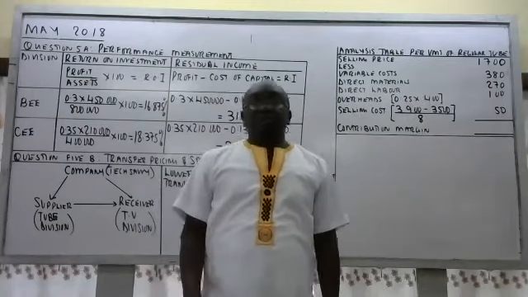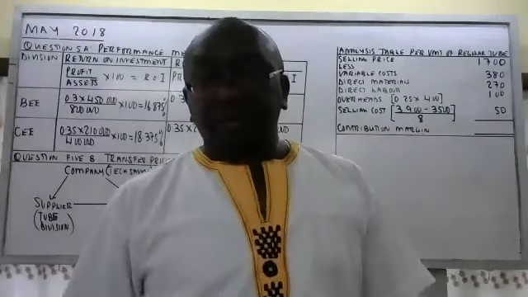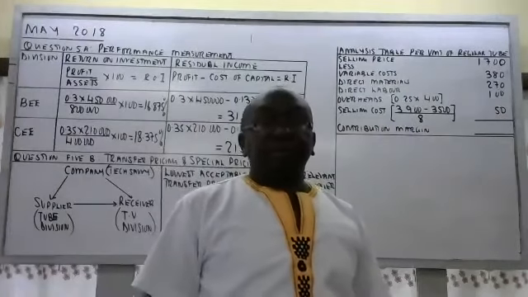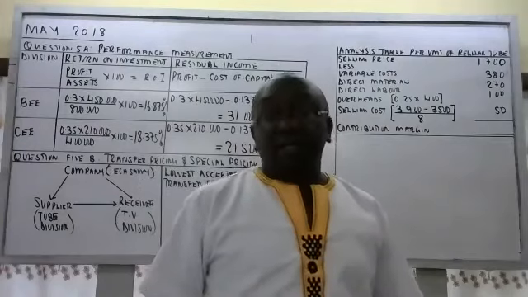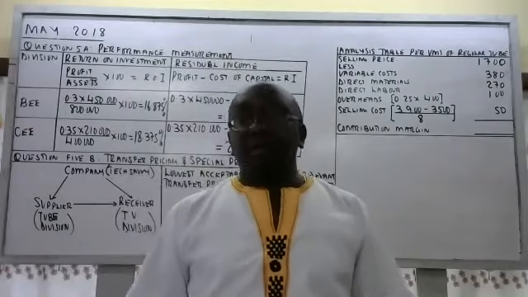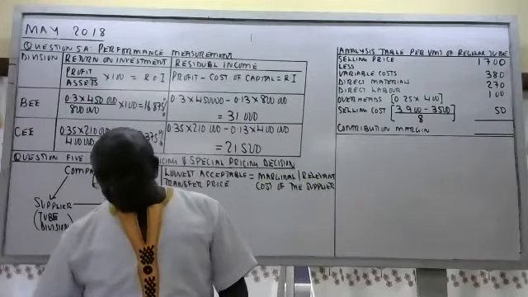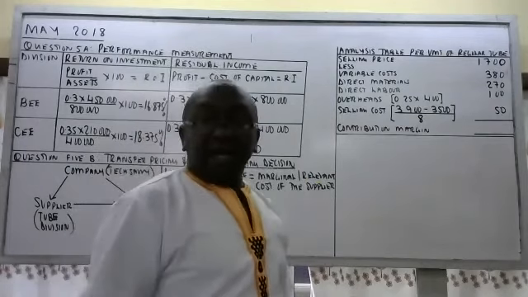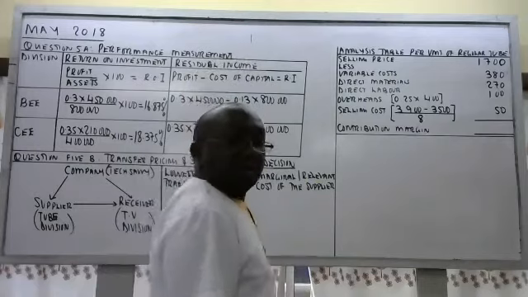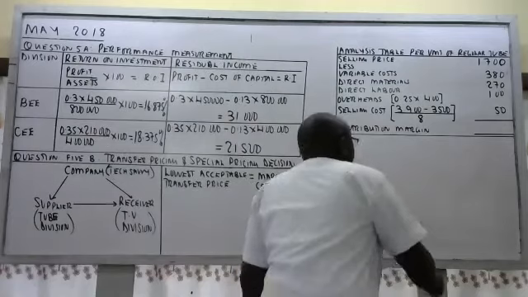Give me the contribution margin per unit of the regular tube. It is 900.